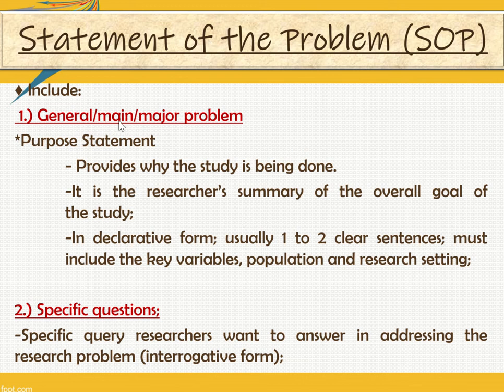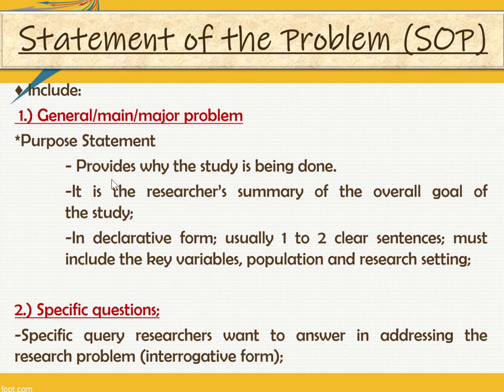You have first the general, another term is main or major problem. So we use these terms interchangeably. And then under the general, main, or major problem, we have the purpose statement. And in the purpose statement, we just provide here why the study is being done. So it is the researcher's summary of the overall goal of the study.